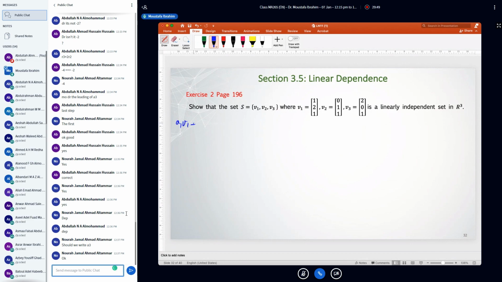A1 V1 plus A2 V2 plus A3 V3 equals 0. And here we write the augmented matrix: 1, 2, 1, 0, 1, 1, 2, 0, 1, and here zeros. Correct?